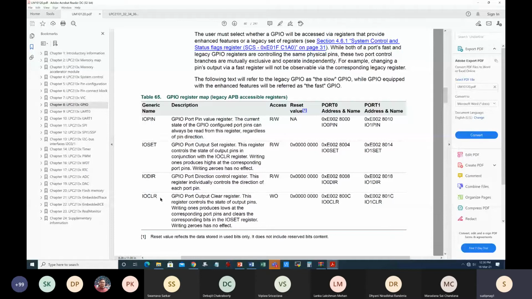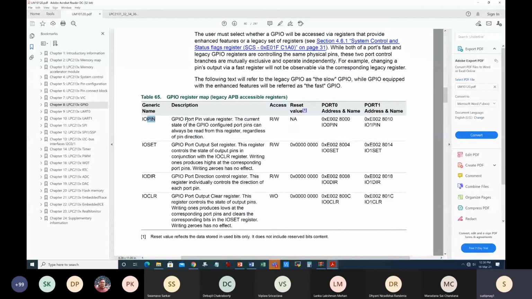Now direction can also be input. Whether it is input or output, the instantaneous value of that particular port pin can be read by this IO pin register. This IO pin register represents every pin from a given IO port, whether port 0 or 1.